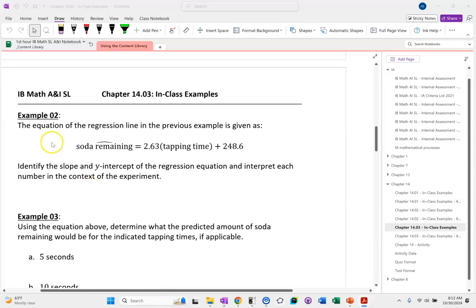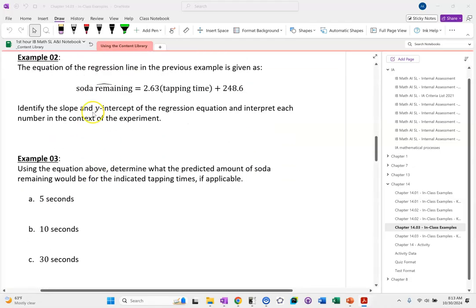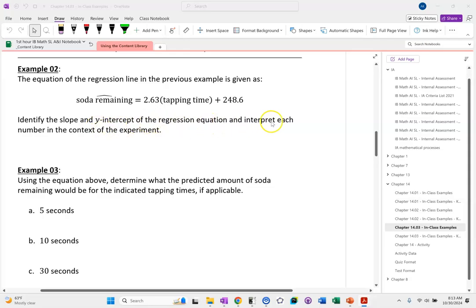Okay. The equation for the regression line in the following example is given. Identify the slope and y-intercept and interpret each number in context.